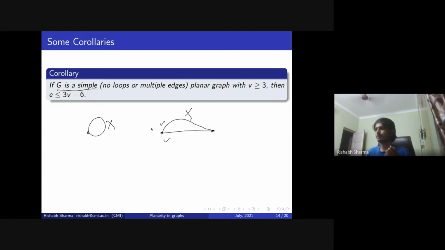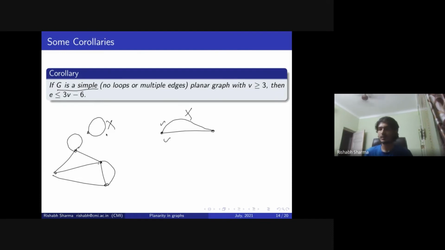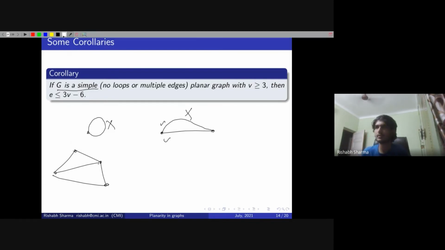So the graph will look something very simple, like a triangle. It cannot have this loop or this multiple edge. These are not allowed. I'm not sure if you had a question or was it just a comment.